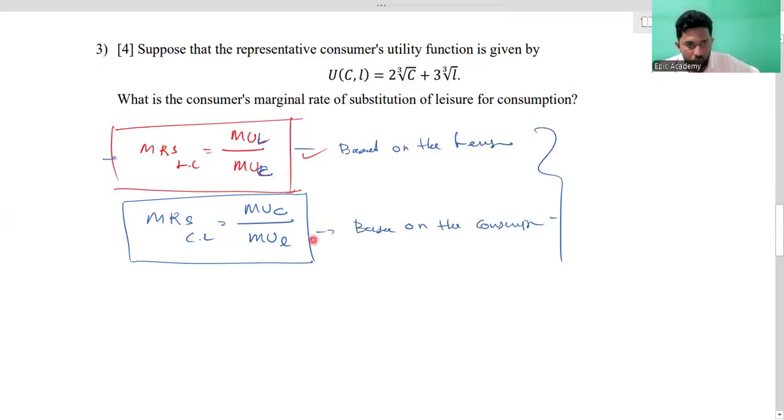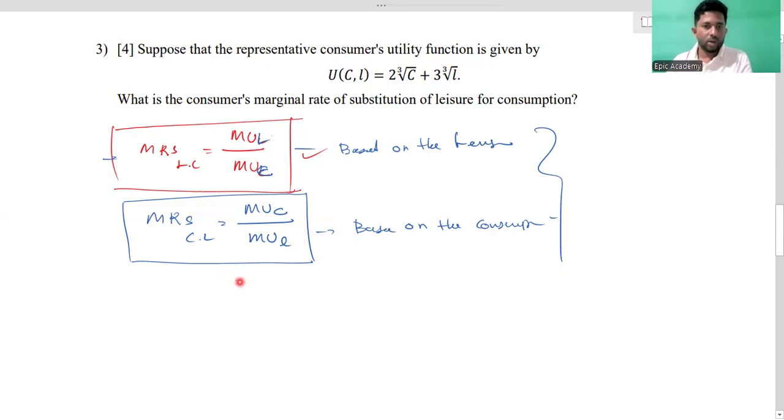Here, how that particular consumer sacrifices the consumption for the leisure. That is the difference. How that consumer substitutes leisure for the consumption, how that consumer substitutes consumption for the leisure. These are the substitution values, the marginal rate of substitution.